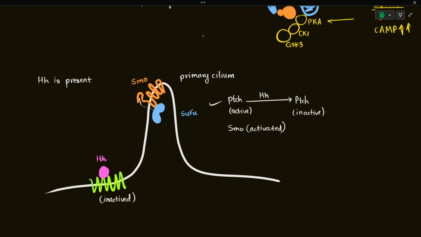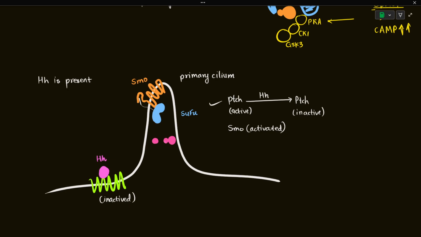So let me just change the color. This will result in the release of GLI2 and GLI3. Okay, so this GLI2 and GLI3 will get activated.